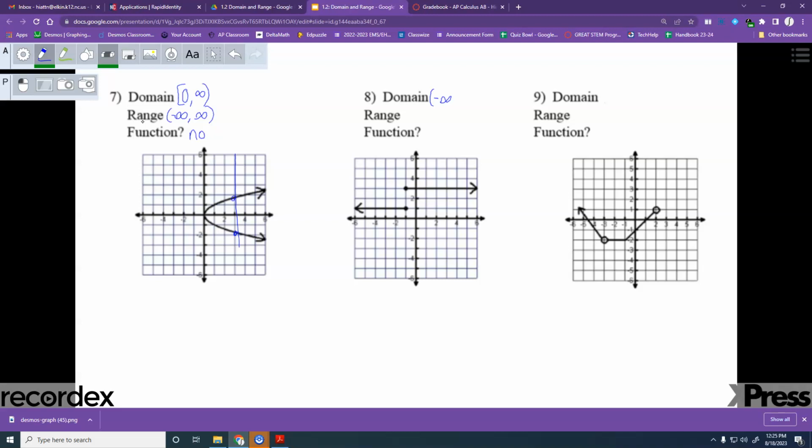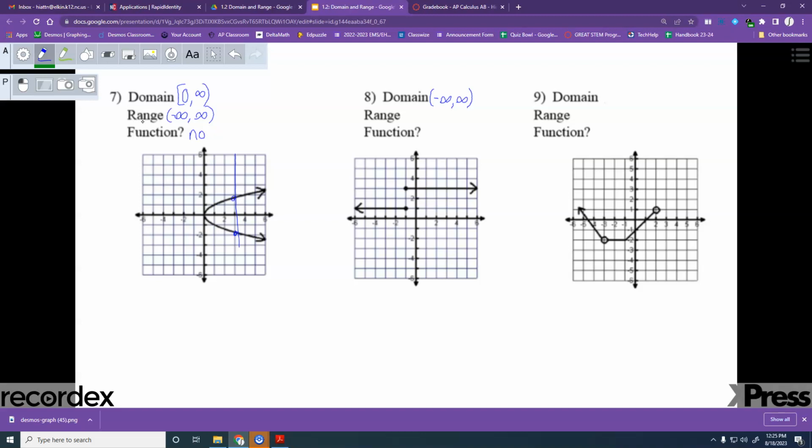Then we go across and we still touch the graph there as well. So this one is going to be negative infinity to infinity. Paloma was kind of splitting that up where she did not include -1. That would be correct if those were open circles, if those numbers were not included there.